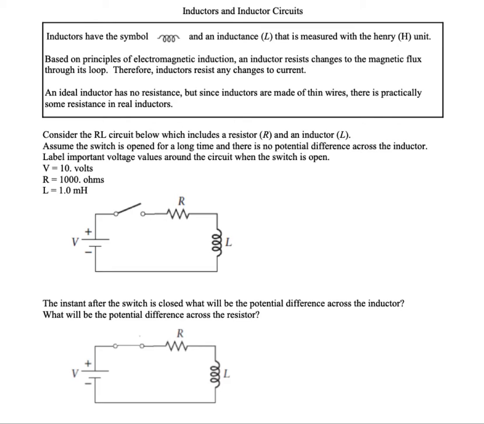Let's assume that the switch pictured below has been opened for a very long time, and let's assume there's no potential difference across the inductor. We want to label important voltage values around the circuit when that switch is open.